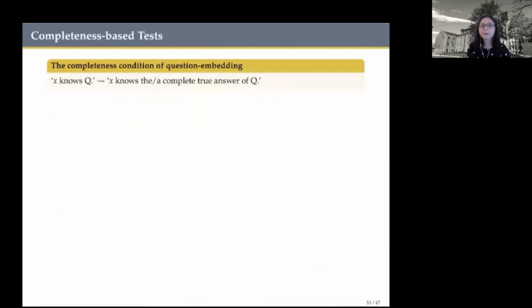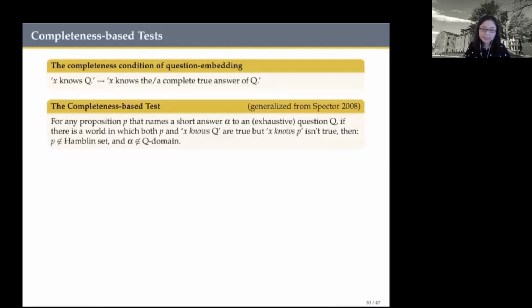To determine whether a generalized quantifier should be excluded, we can use a test that is based on the completeness condition of question embedding. This condition says that a question-embedding sentence like X knows Q implies that X knows the complete true answer of Q. This test is generalized from Spector 2008.